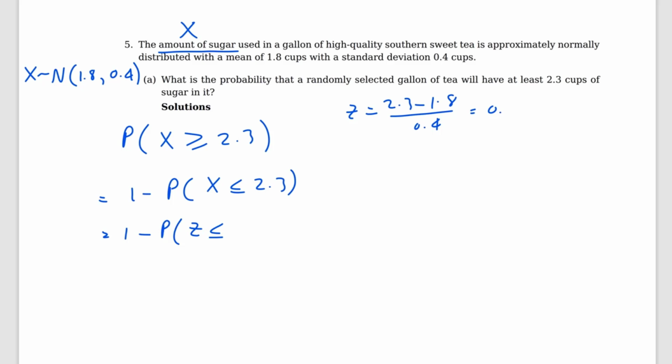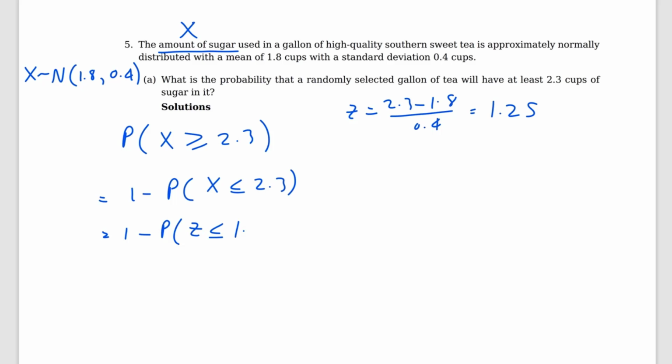Check it. 2.3 minus 1.8 divided by 0.4. It is 1.25, right?